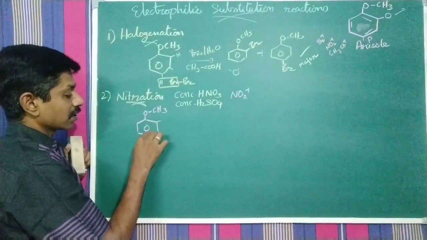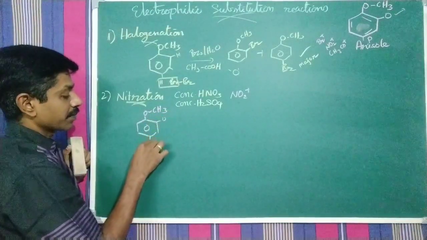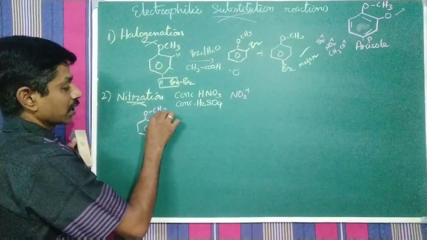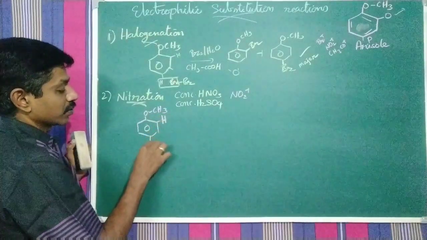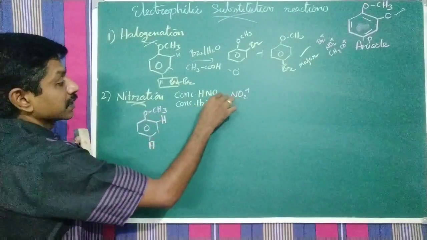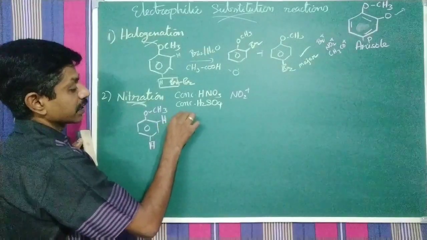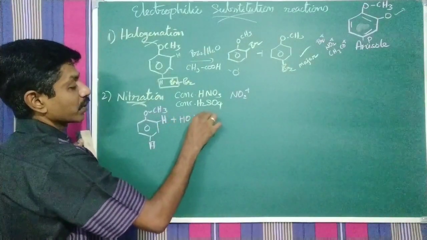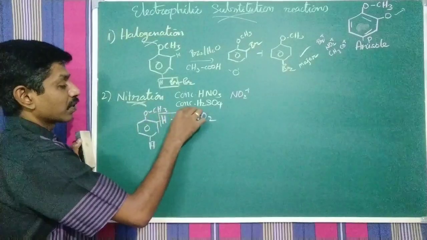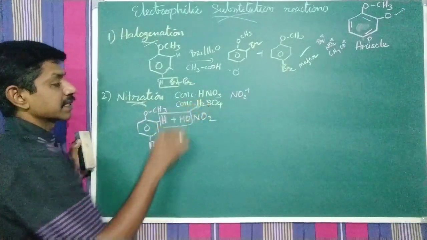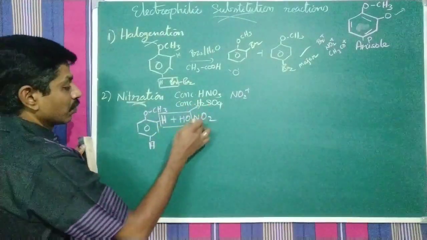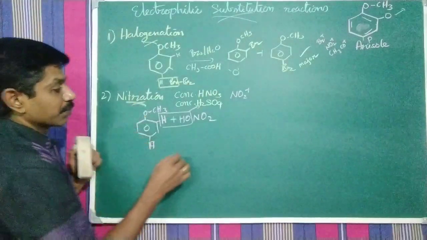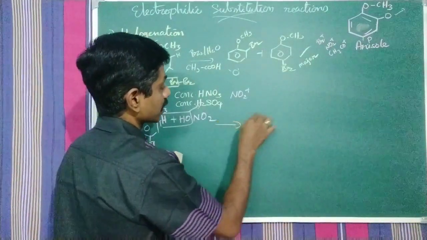Anisole will activate at ortho position or at para position. As usual, I am taking the hydrogen available in those two positions. We are adding sulfuric acid and nitric acid. Nitric acid formula is HONO2. A molecule of water will be removed and that will be taken by sulfuric acid. So NO2 group is added at ortho or para position. So both the products are possible.